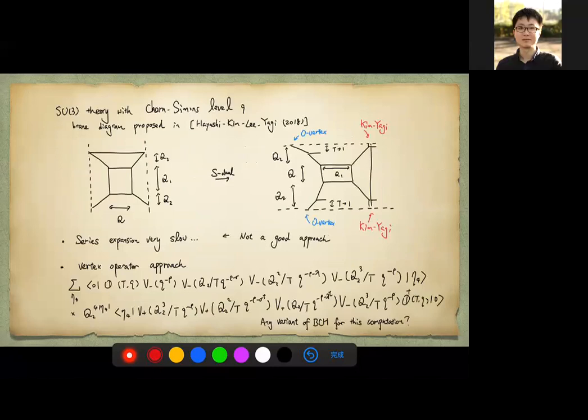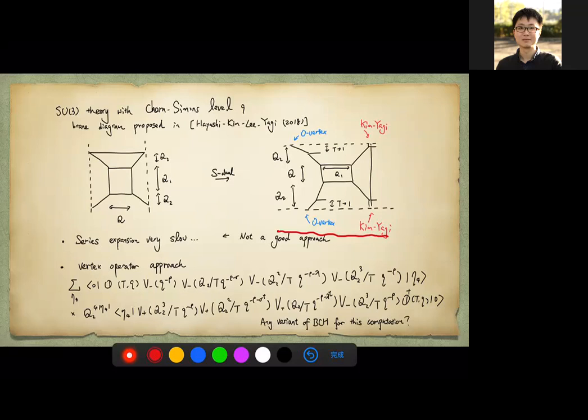What's more interesting is that we can also use this vertex to calculate the SU3 gauge theory with transience level 9. The diagram looks like this. It's actually an S-dual configuration.